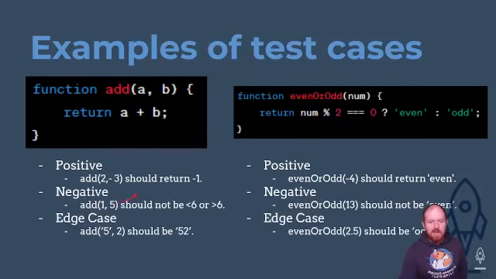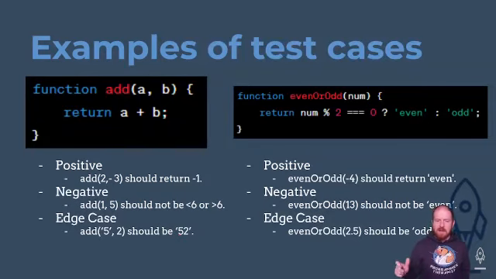So if I type 1 and 5, everybody knows that it should be 6, and I could use the positive case that it should return 6, but I could also write it in the negative where we're expecting it not to be less than 6 or greater than 6. So that's that negative case. And then the edge case is if they typed in like a 5 as a string, it would actually return 52.